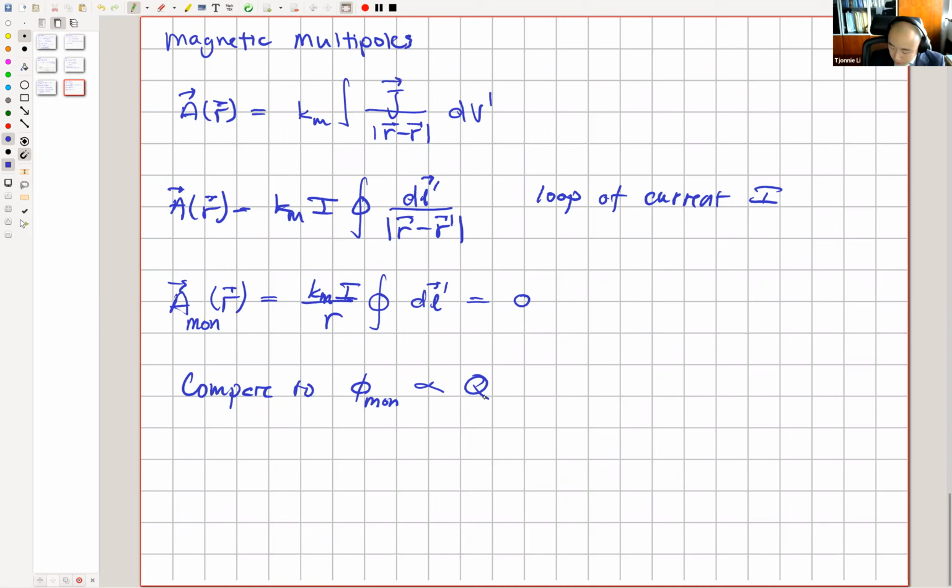So you could even state that this is simply an equivalent statement to there are no magnetic monopoles, i.e., that the divergence of B equals 0.